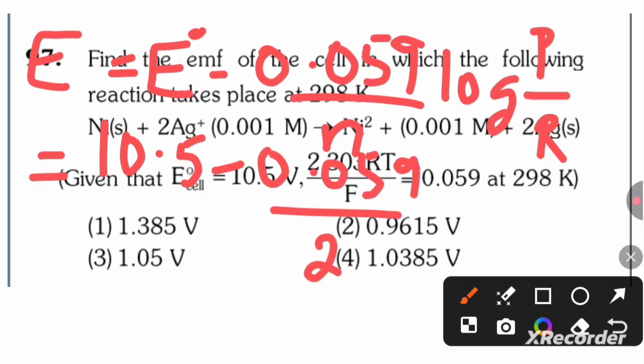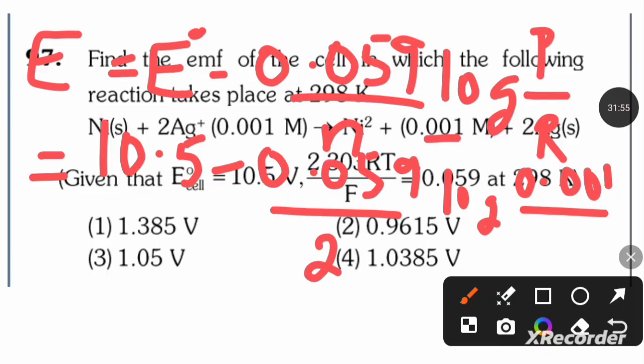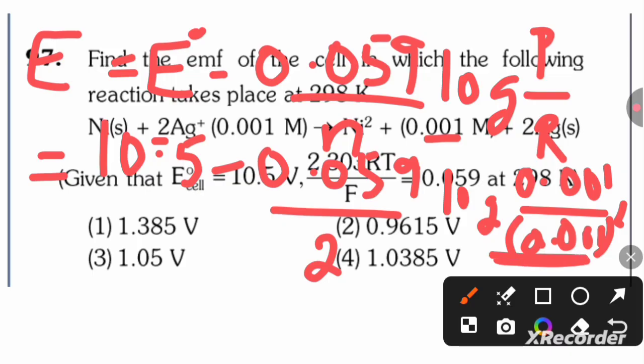And log of product concentration, product is nickel ion, its concentration is 0.001 molar, divided by reactant concentration, reactant is silver ion, there are 2 silver ions, so we will get 0.001 whole square. So when you divide this, you will get log 10 to the power of 3. Log 10 to the power of 3 value will be 3 only.